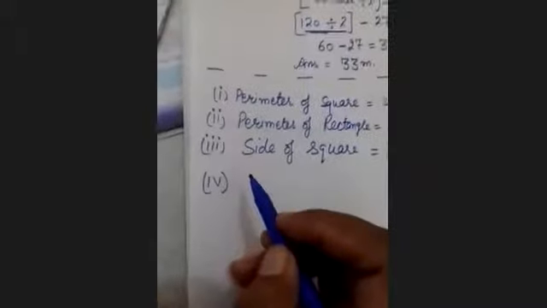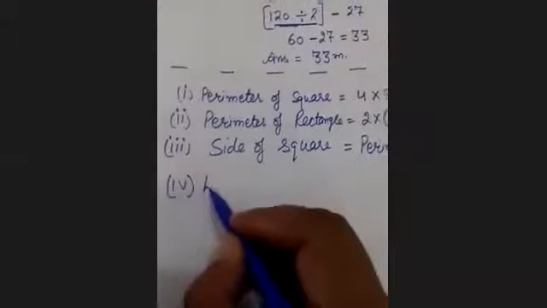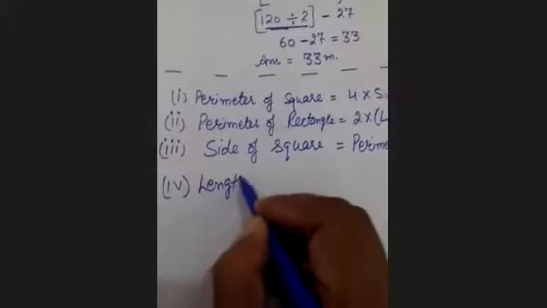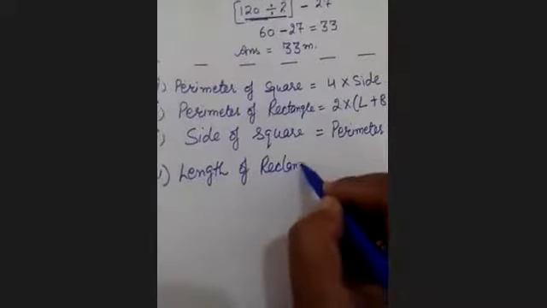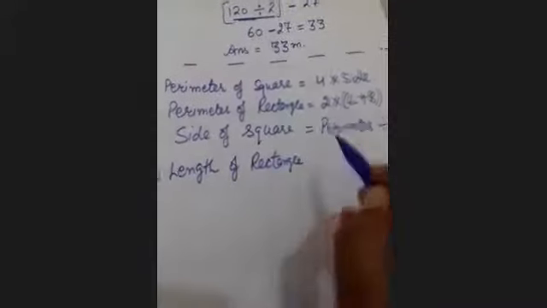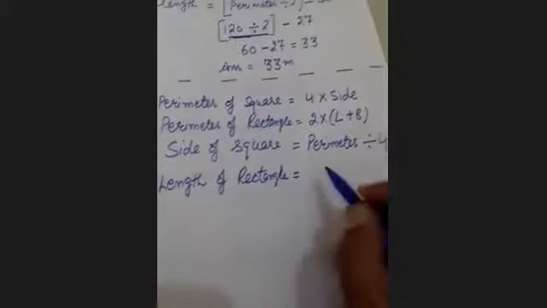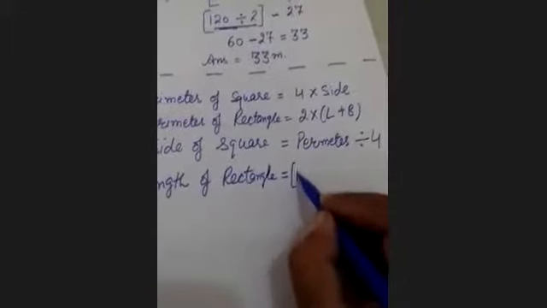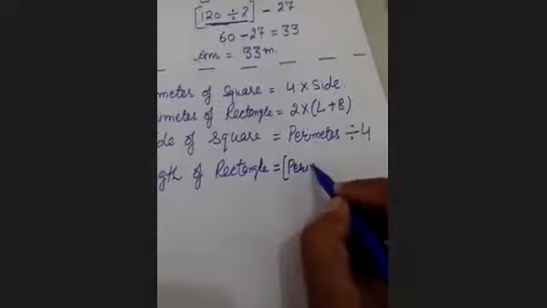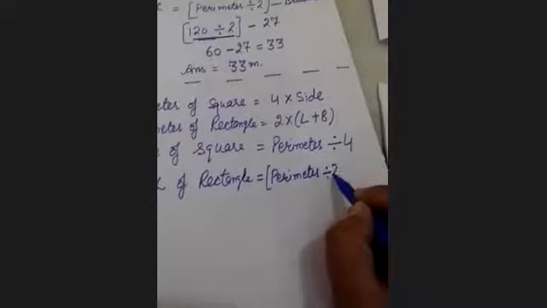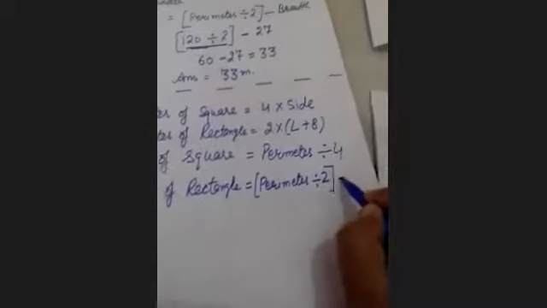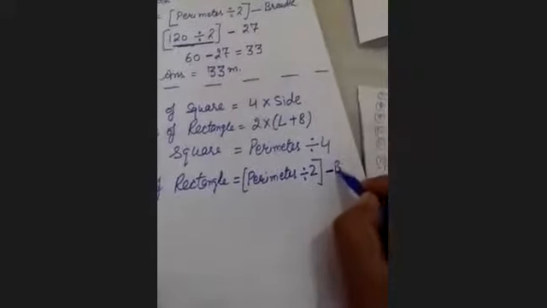Fourth, length of rectangle is perimeter divided by 2 minus width.